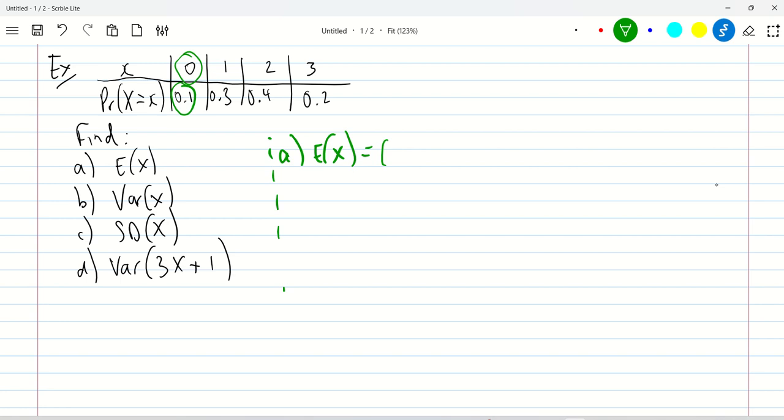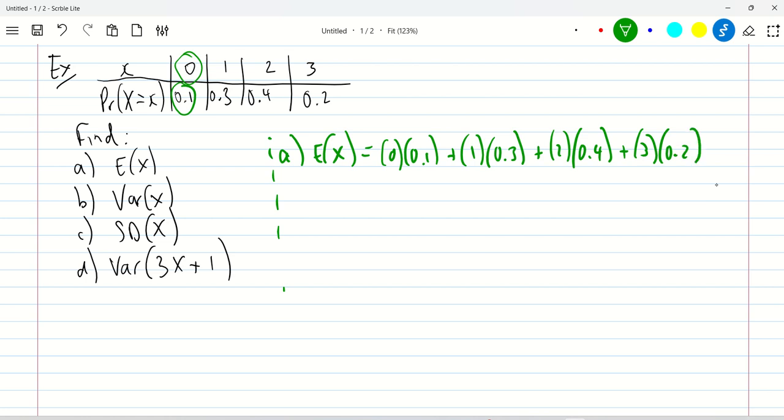Okay, so let's do it. So 0 times 0.1 plus 1 times 0.3 plus 2 times 0.4 plus 3 times 0.2. So that will be my expected value. Let's sort it all out. That's just 0.